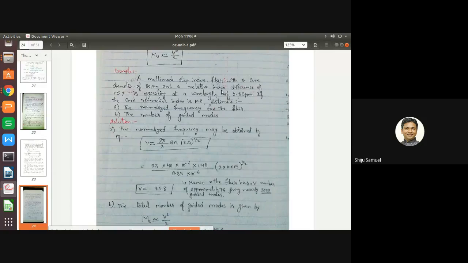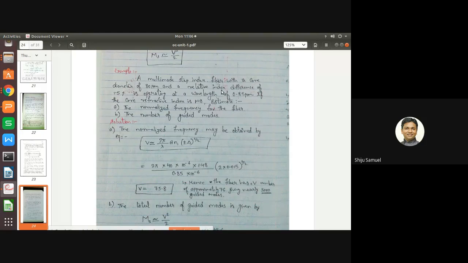Now how can we calculate the del value? The del value is given in the form of percentage, relative index difference 1.5 percent. We have to convert this 1.5 percent into the normal value.